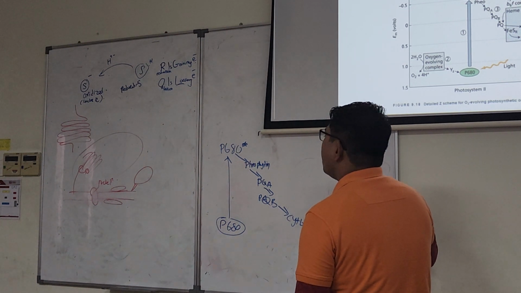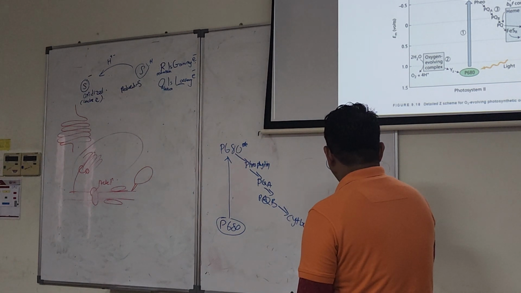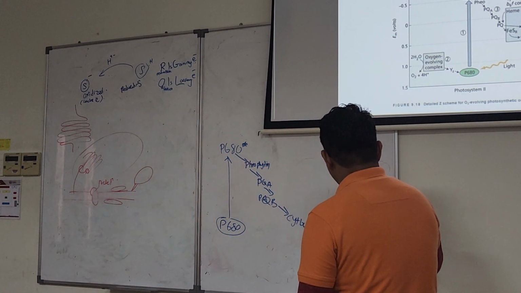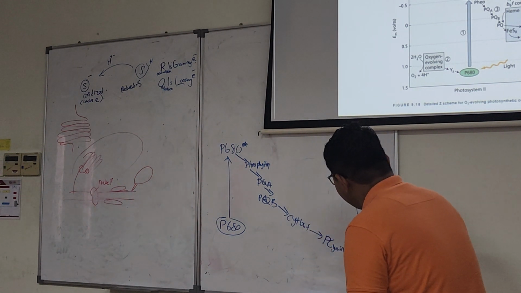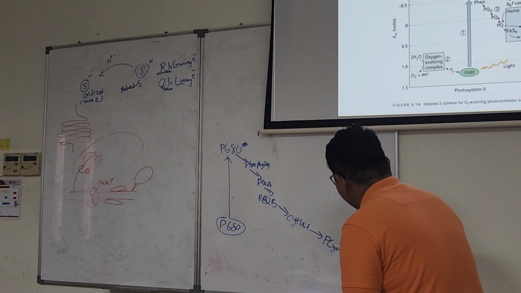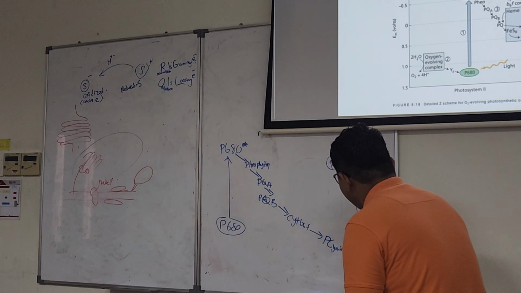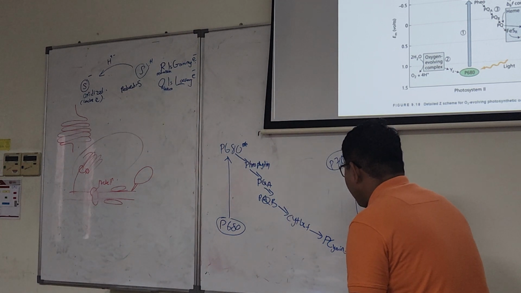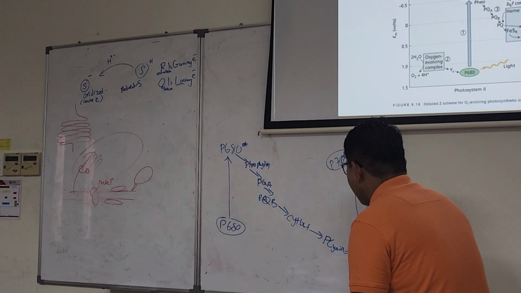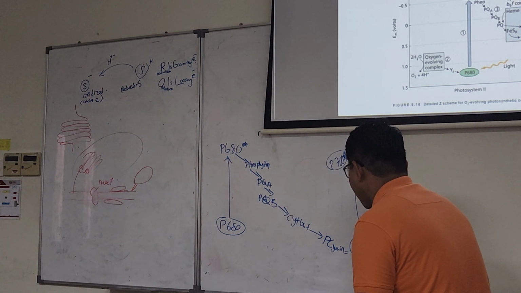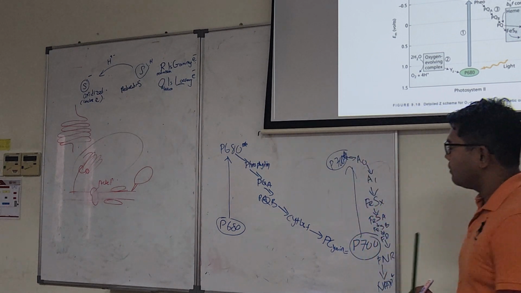Then you go to iron sulfur X. Then iron sulfur A. Then iron sulfur B. Then ferredoxin. Then flavoprotein, ferredoxin NADP plus reductase. Then you go to NADP plus.